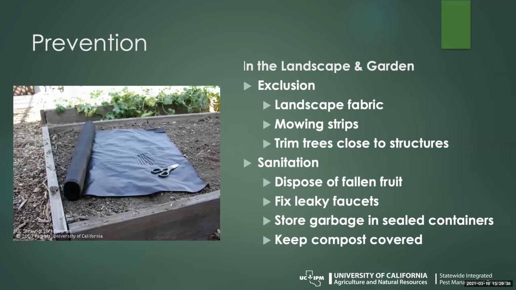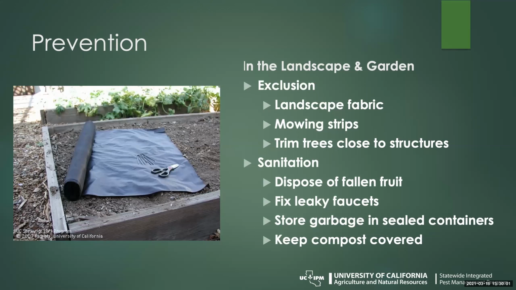Trimming trees that are close to structures. Some pests that will get into our structures, if we do exclude them by closing up a hole over here, they may find another way in by climbing up trees and then accessing our homes and structures that way. So various examples of what to do for exclusion.